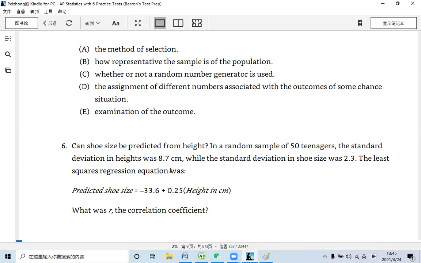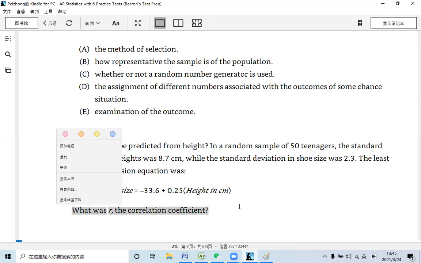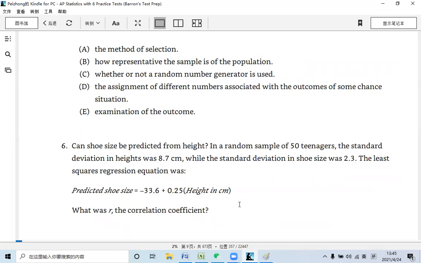The least squares regression equation is here. Predicted shoe size, this will be the intercept, the slope. What was the R, the correlation coefficient? Yeah, that's a really interesting question.